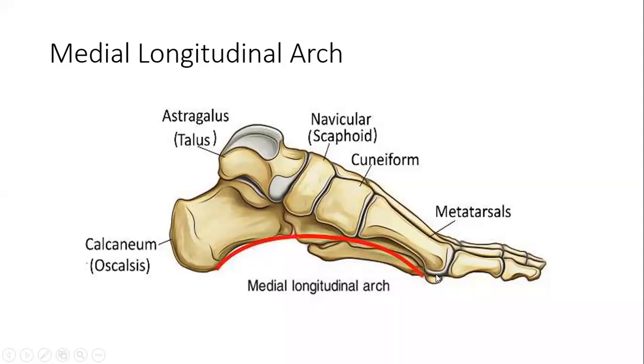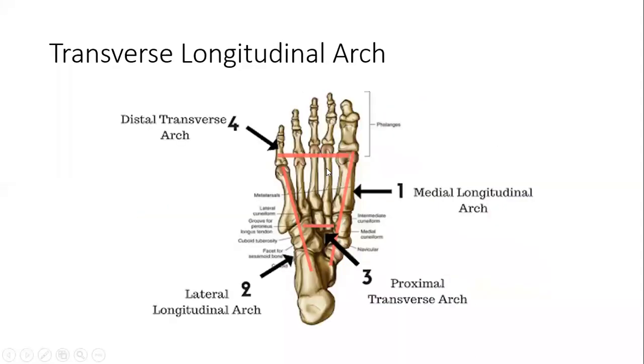And then we have heads of the remaining 4 metatarsals. So we have area of heel, 2 sesamoid bones related with the first metatarsal, and heads of the lateral 4 metatarsals. So 1, 2, and 3, 4, 5, 6, and 7.